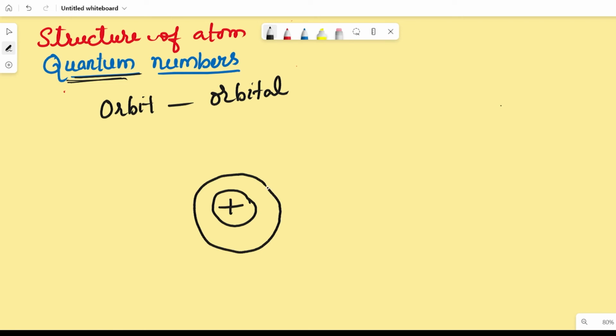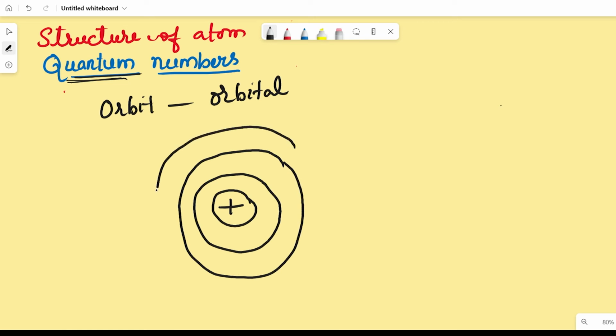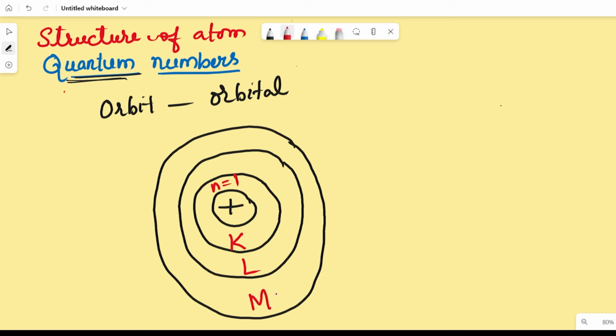An atom containing orbits. So this is an atom. This is the first shell, n equals 1, second shell, third shell.